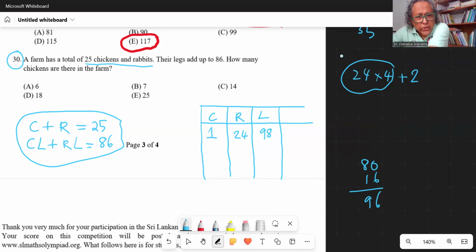So we keep working. 2 chickens. Then 23 rabbits.